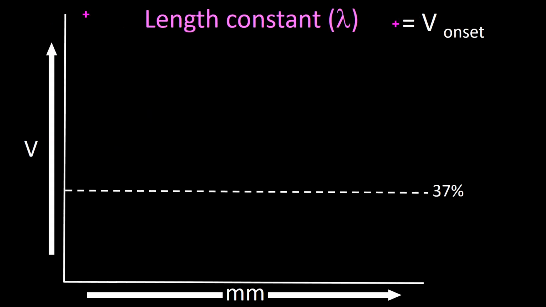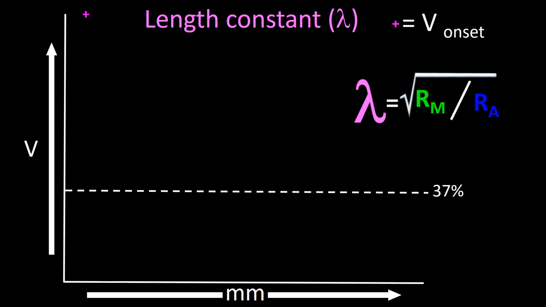In this frame, you can see in the y-axis voltage, in the x-axis distance in millimeters. The dashed line represents a 37% drop in voltage from the onset. The voltage onset is represented by the magenta plus sign.